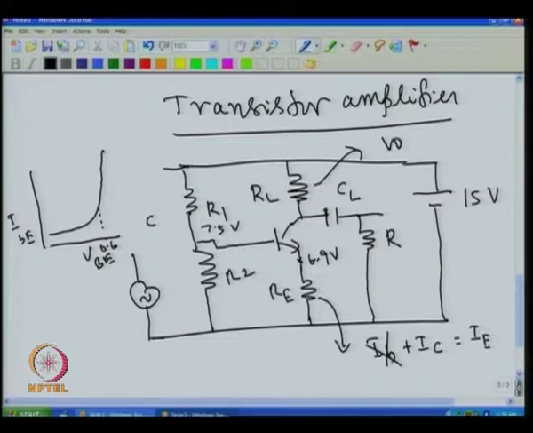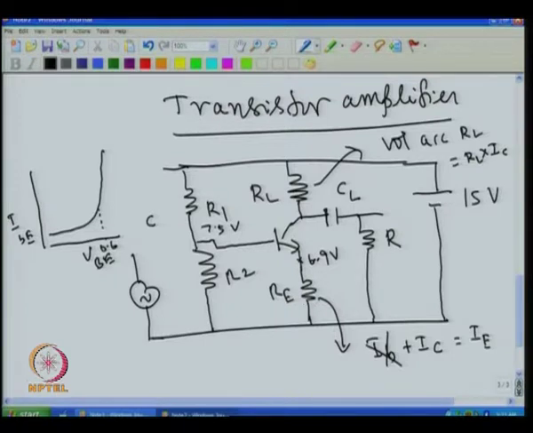So, the voltage across RL comes to be this resistance value times IC. Once I know the base voltage, then immediately I can write what is the emitter voltage, then immediately I can find out the current through this resistance.